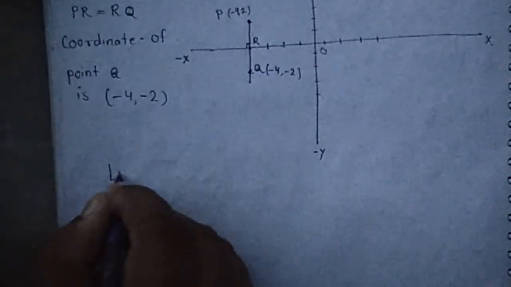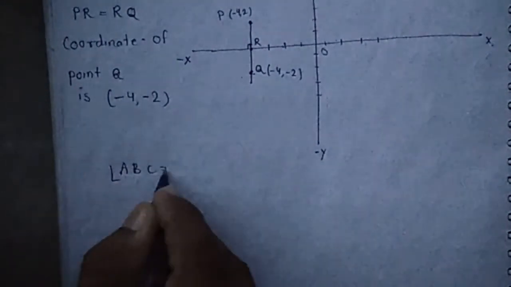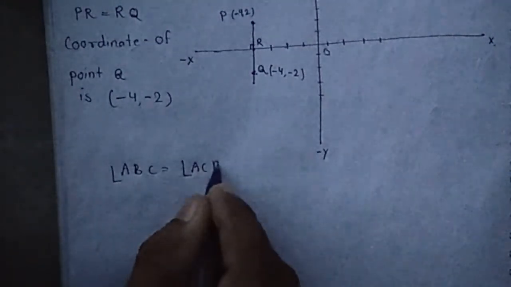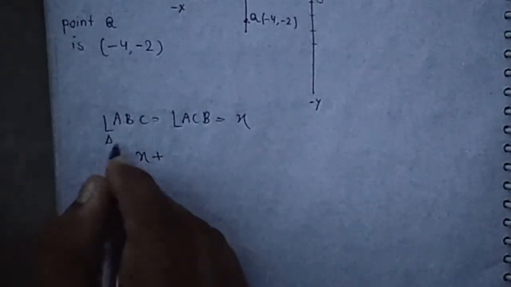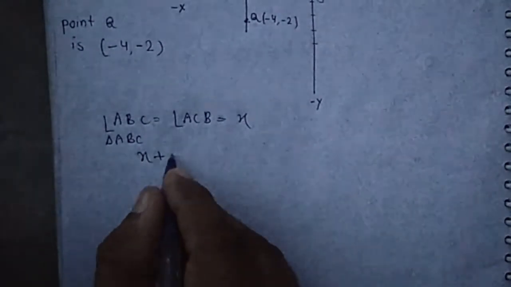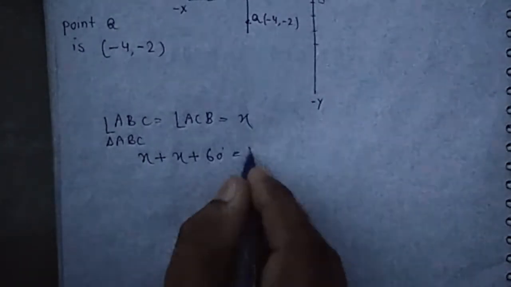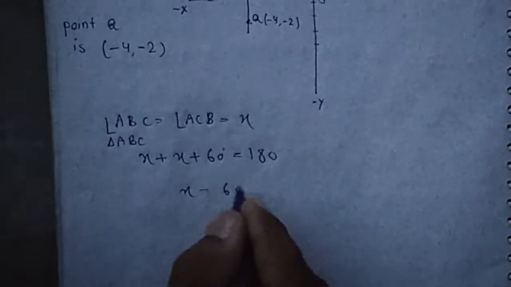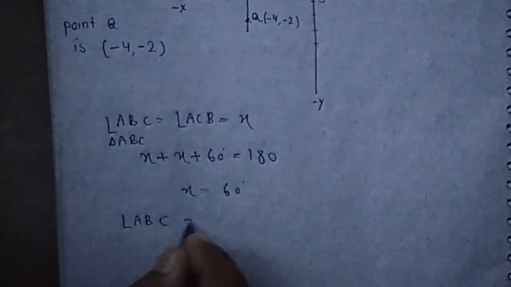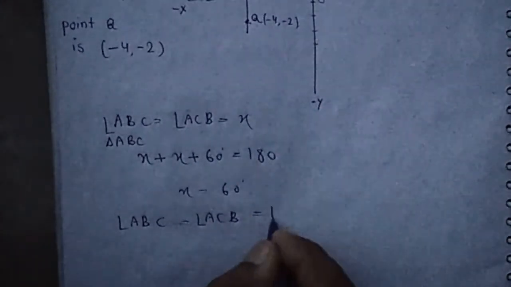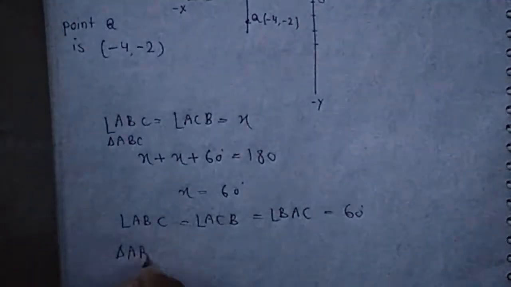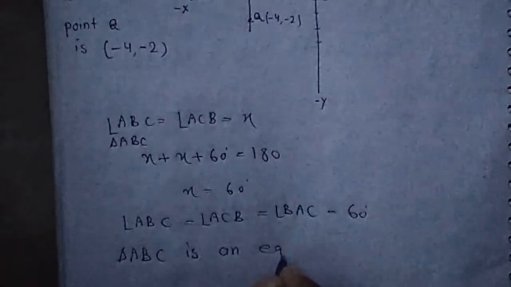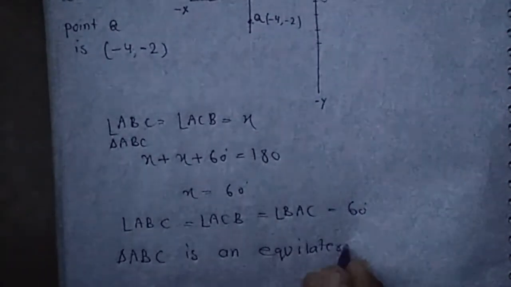Now angles ABC and ACB are each X. Then in triangle ABC, X plus X plus 60 degrees is equal to 180. Then the value of X is also 60 degrees, means angles ABC, ACB and BAC are each 60 degrees, and triangle ABC is an equilateral triangle.